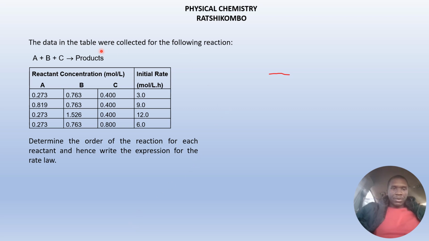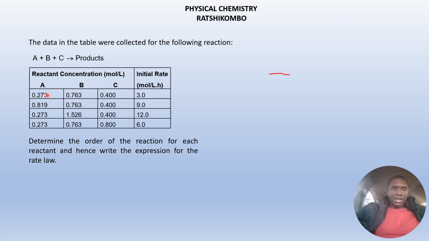So the problem that we are given today says the data in the table were collected for the following reaction. So A, B and C were reacting to give us a certain product. In the table, we are given A, B and C and their concentrations.